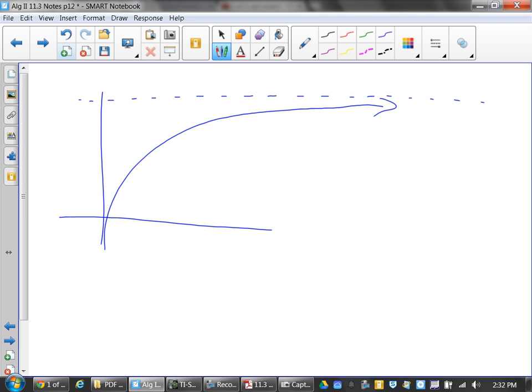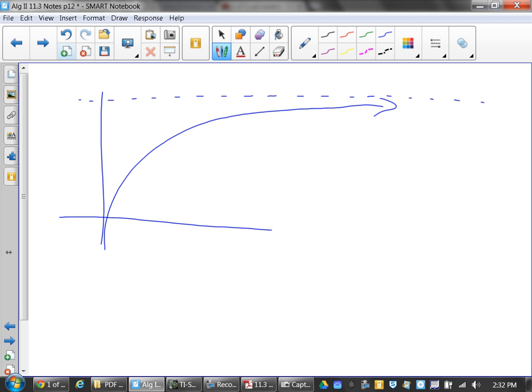So what's happening is if you take a geometric series and you keep adding terms to it, you're going to approach something. What are you approaching? Eventually you're approaching this value.